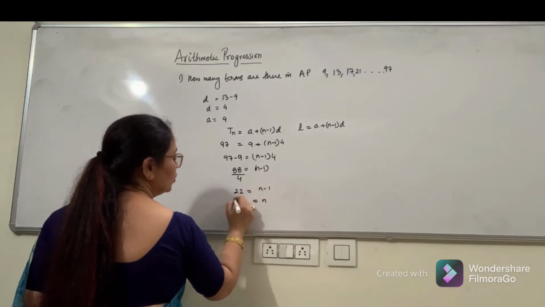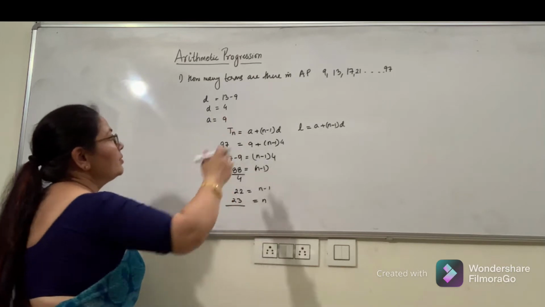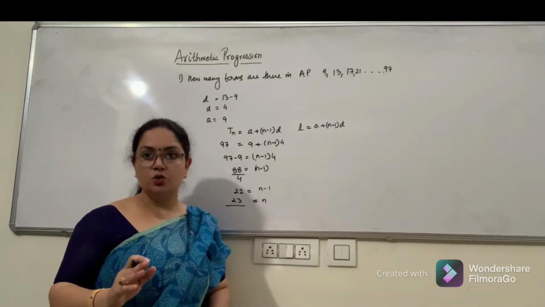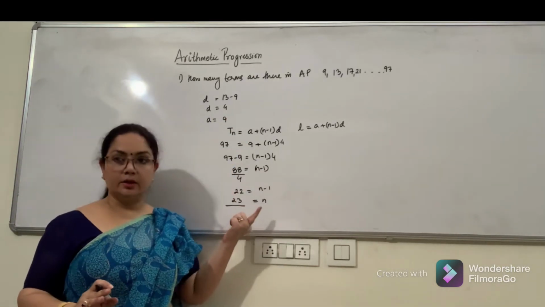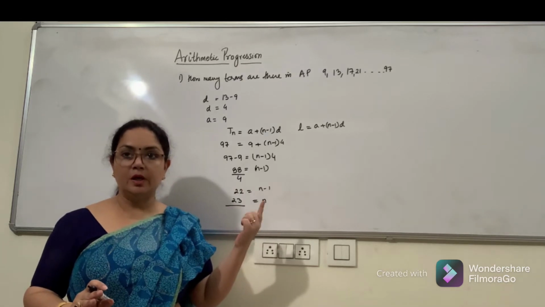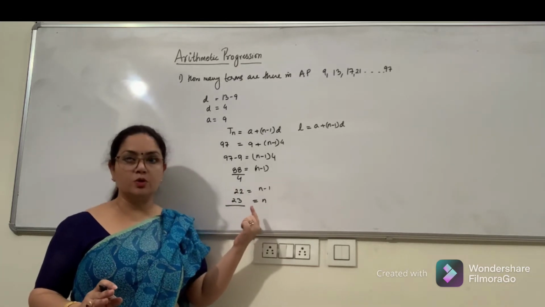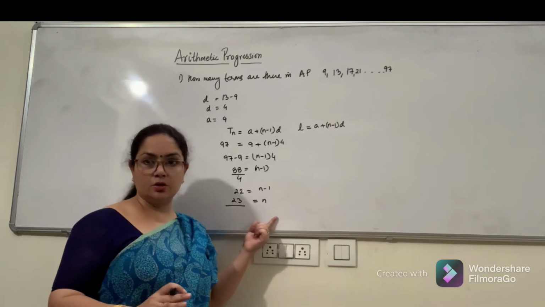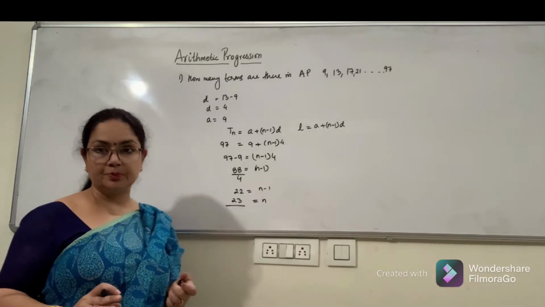So n is equal to 23. So how many terms are there in the AP? The answer is 23. I think it must be clear. You can pause the video to note it down. We'll move on to the next question.